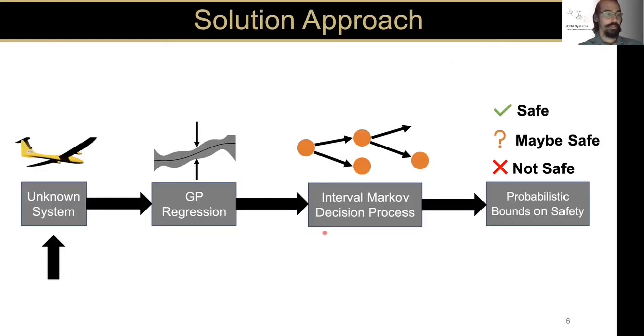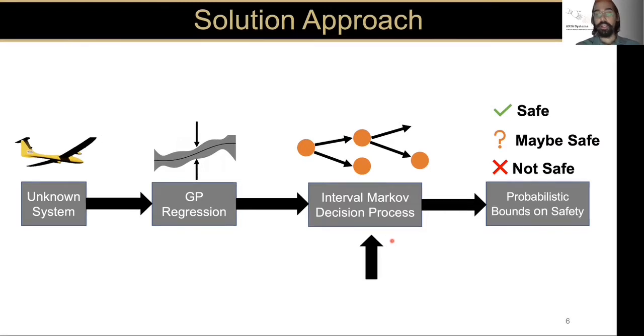So with this problem in mind, I will give an overview of how we solve this problem. So given this unknown system and the data set that it has generated, we use Gaussian process regression to estimate the unknown dynamics function. By making continuity assumptions on the unknown function, we can generate high probability error bounds on our regression. We use these errors to come up with an interval Markov decision process.